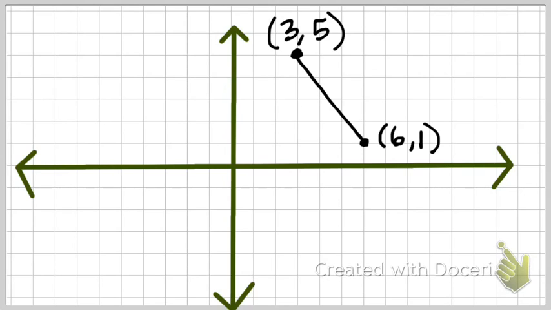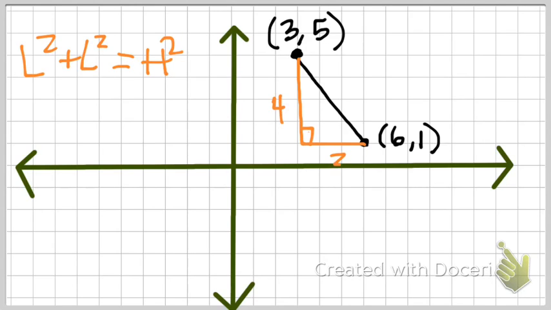a method. And so if you follow the grid lines, you can see that it creates a right triangle. And a right triangle, we know, leg squared plus leg squared equals hypotenuse squared. So we're going to count how long these legs are.